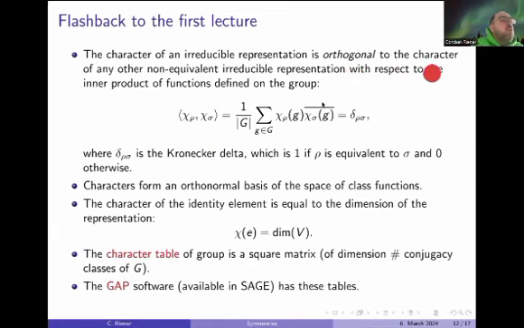If I have two characters that correspond to non-equivalent or non-isomorphic irreducible representations, I can look at their inner product. We defined this inner product briefly also in the first lecture. This is just defined like this, and you may be having some reminders to yesterday's lecture. This also looks a little bit like this Reynolds operator that we had.